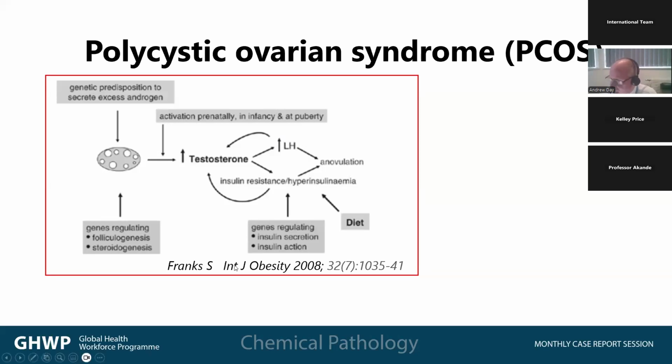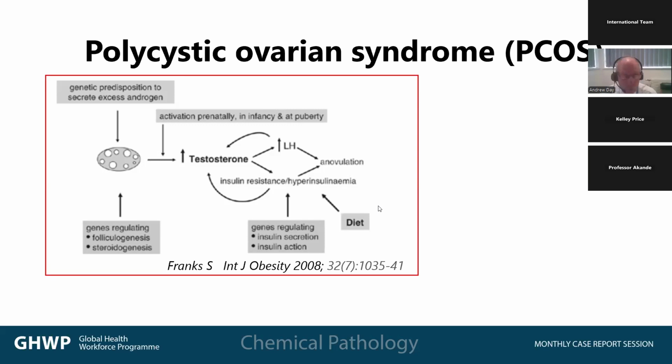But then the other side to the coin is that these changes are very often exacerbated by the presence of insulin resistance and obesity. So if a patient is predisposed to diabetes, if they become obese, even if they're not predisposed to diabetes, they will develop insulin resistance. And so there are environmental and genetic factors there as well.